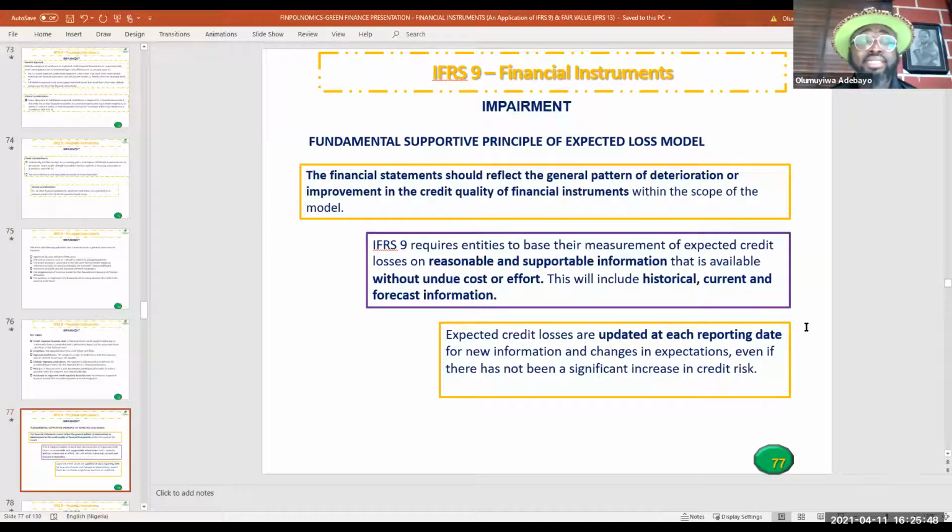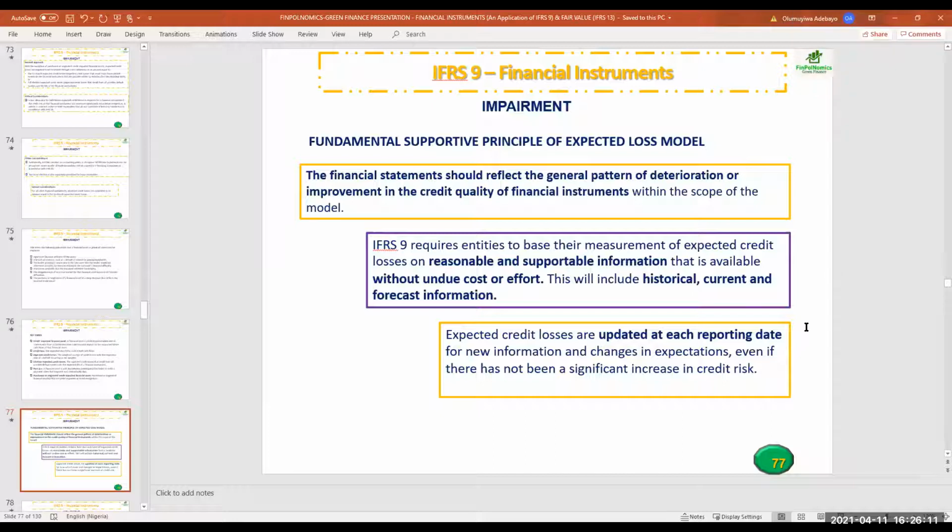to determine the general approach, or the input generally to impairment modeling, is that you must be able to provide fundamental supportable data or information to obtain the expected credit loss value. And what do you consider? These 3 things first.